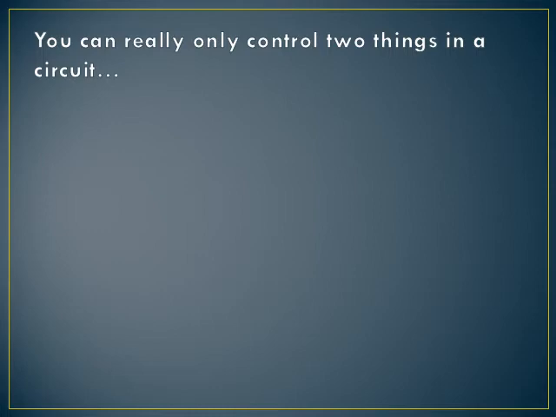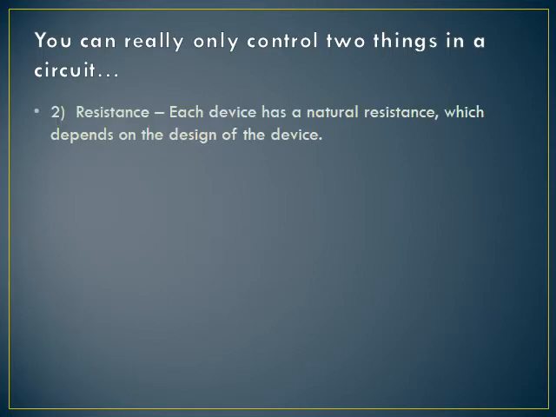The second thing that you can control in a circuit is its resistance. The resistance depends on the design of the circuit and the different devices that are inside. Something like the type of wire that you are using has a natural resistance that is included in the resistance of the circuit.